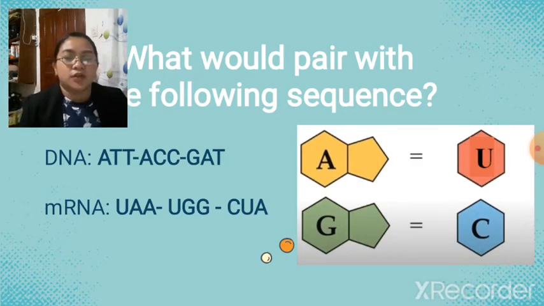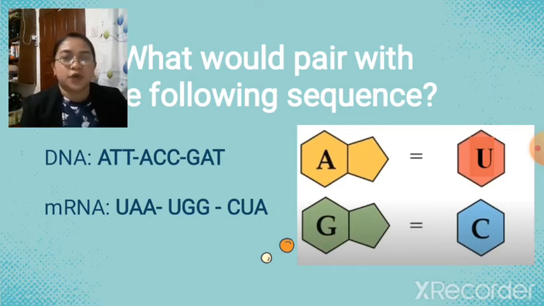From the DNA, it will make a new copy of messenger RNA, in which adenine is replaced by U, which is called uracil, thymine is replaced by A, adenine, the other T is replaced by another A, and A from DNA is replaced also by U, which stands for uracil.